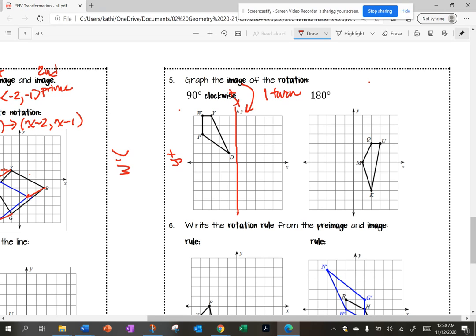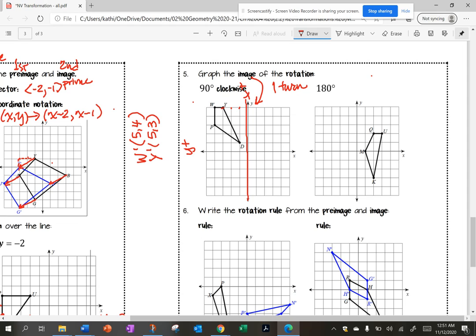So W is 5, 1, 2, 3, 4, 5, 4. Y prime is going to be 5, 1, 2, 3, 5, 3.